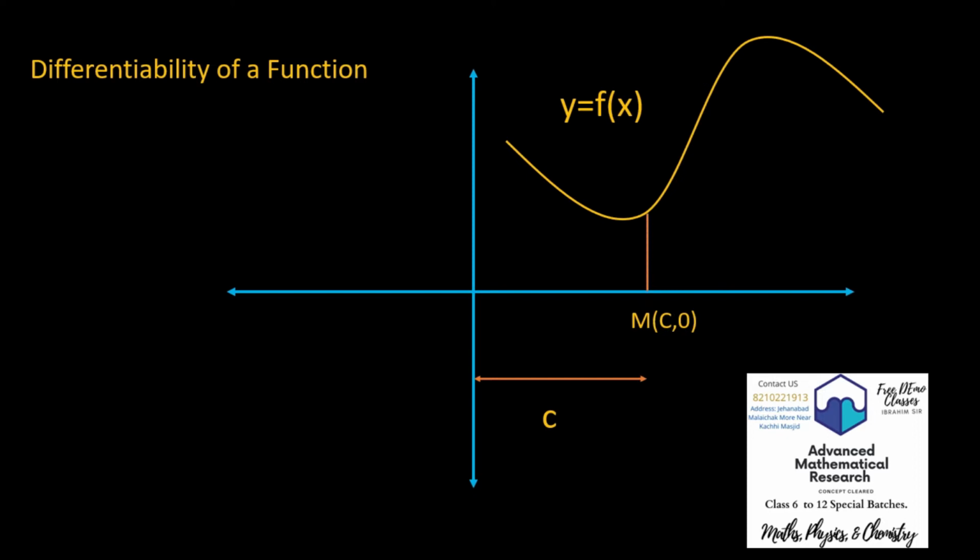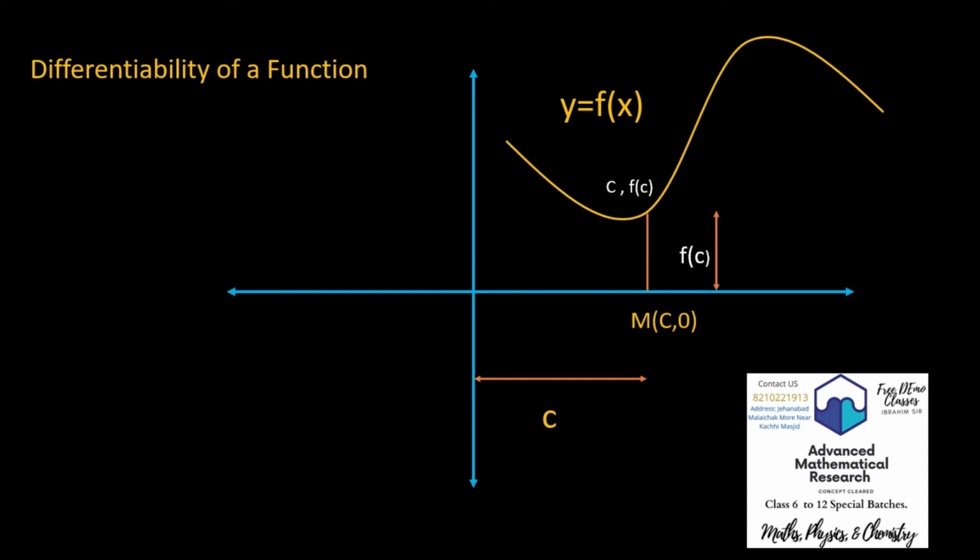So what will be this height? This height will become f of c. Now we will plot this coordinate as an ordered pair, x coordinate comma y coordinate.